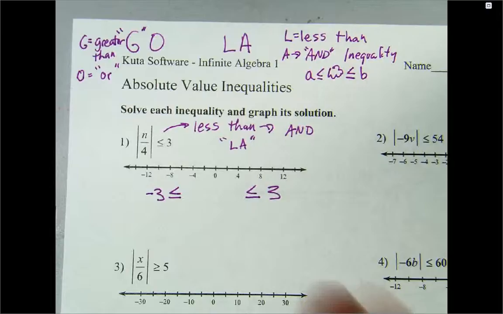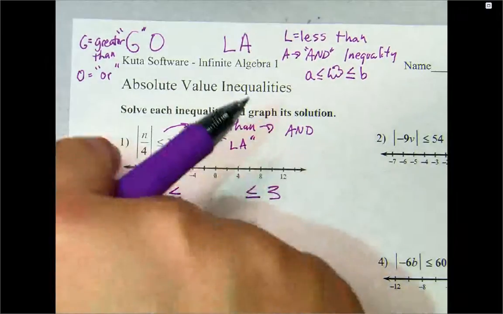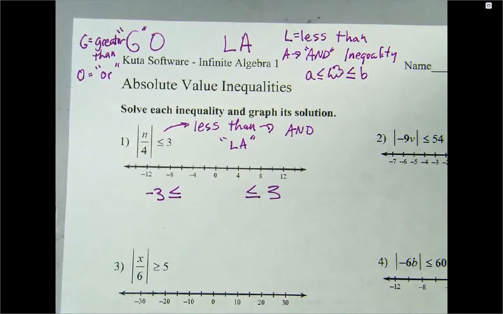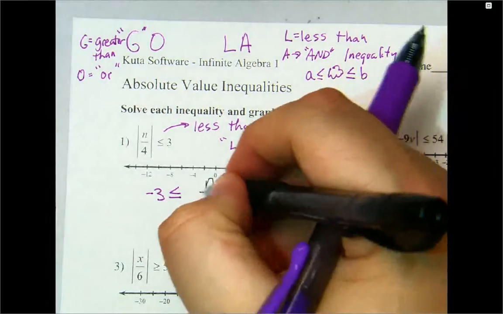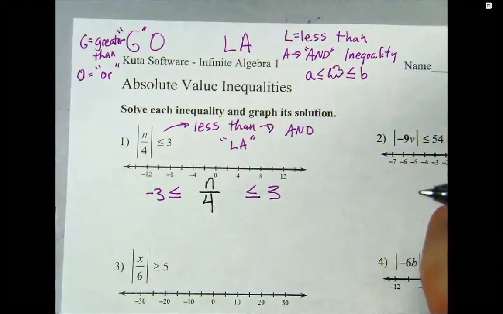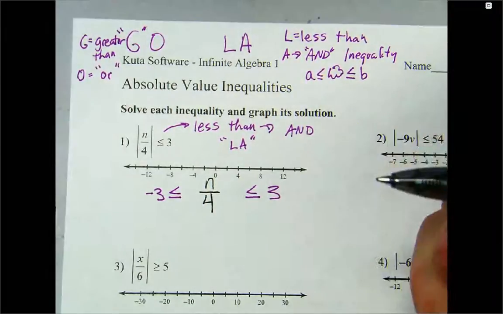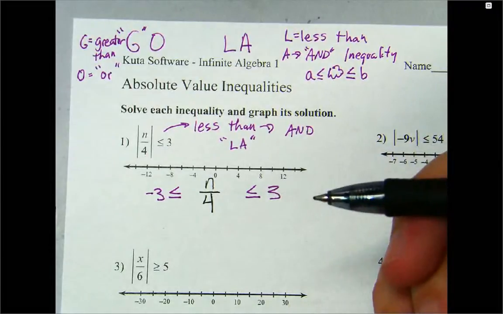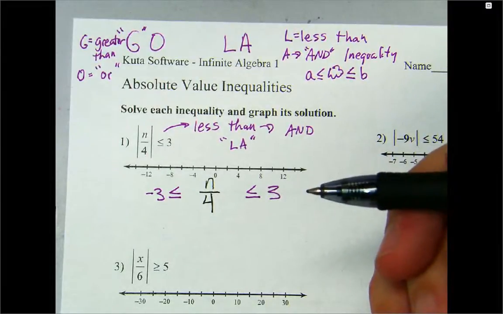And in the middle, I'm going to put what's inside the absolute value sign. I'm not going to have an absolute value sign in there at all, but I'm going to put whatever is in the middle. In this case, it's n divided by 4. So now, I don't want n divided by 4, I want n. So how do I get rid of that?